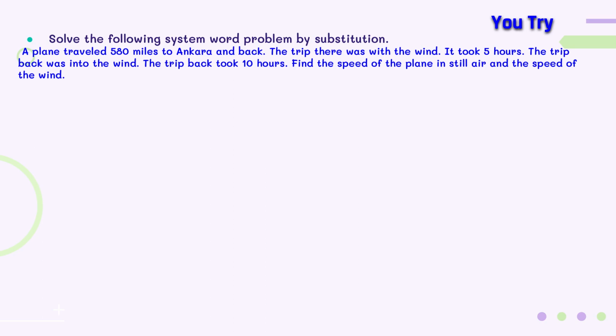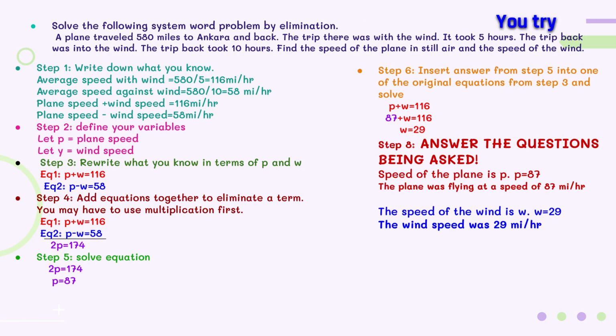Here's a different you try word problem. And this was supposed to say, solve this by elimination, not substitution. Here is the work for the previous you try. Remember to pause and rewind the video if you need more time to write these solutions down.